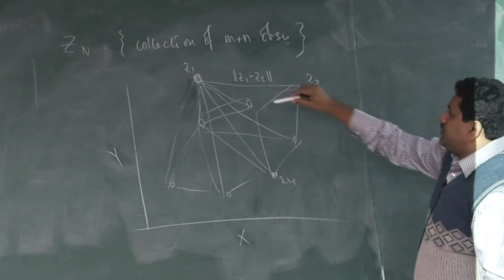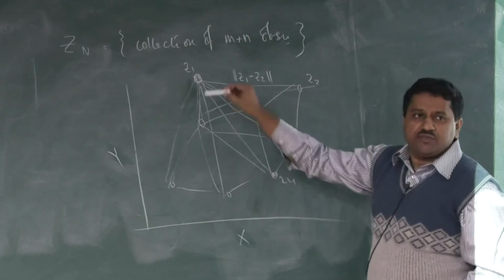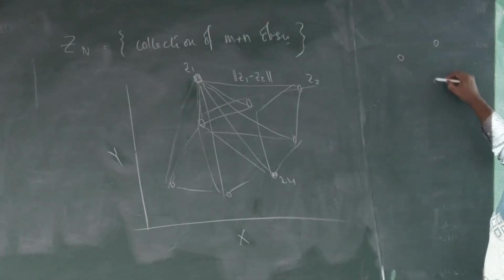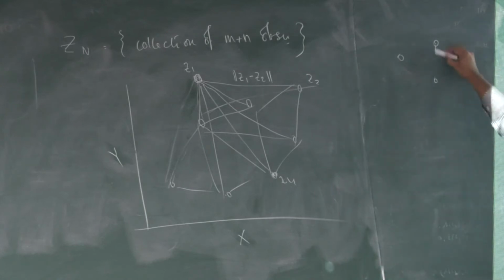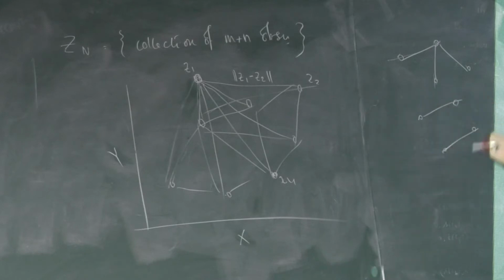So connected means starting from a vertex, you can always reach another vertex following a path. Then it is connected. So for instance, suppose here I have 4 vertices. So this is a connected graph, because starting from here, you can reach here by this route. You can reach here by this route. Okay? But if this is the case, then this is not connected because starting from here, you cannot reach here.